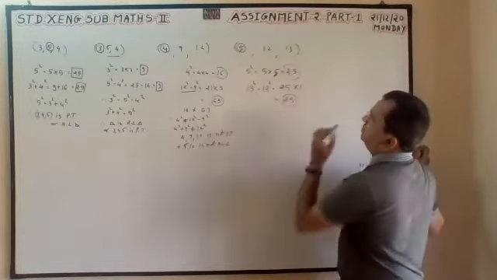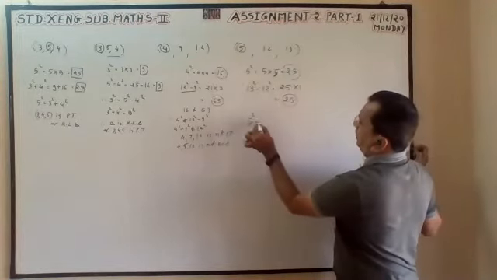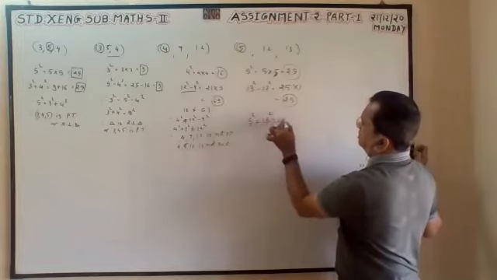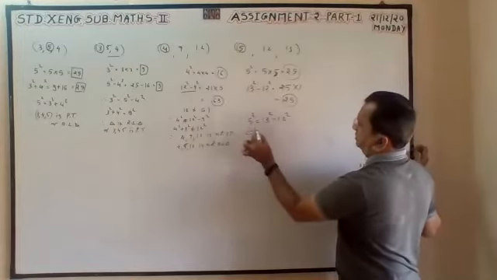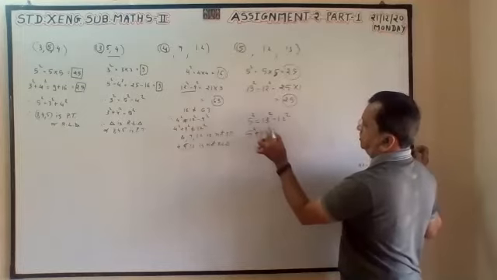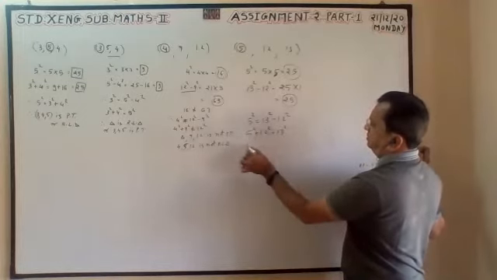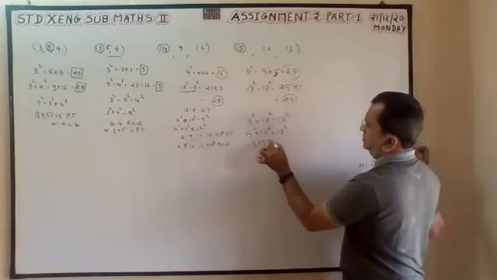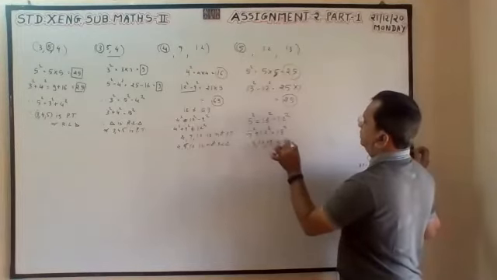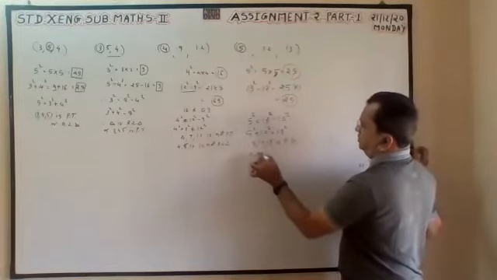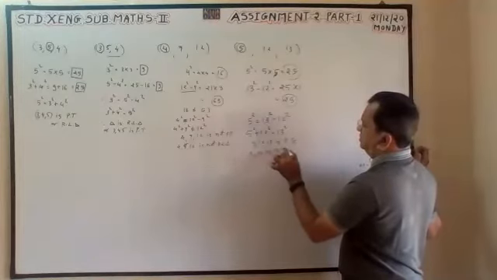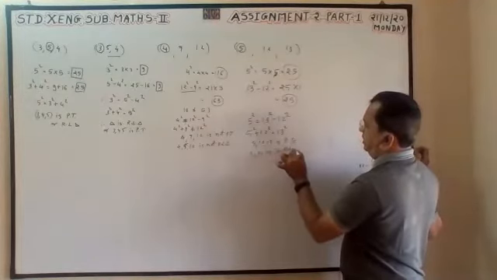Both are equal. So I can say 5 square is equal to 13 square minus 12 square. So this goes to this side: 5 square plus 12 square is 13 square. Therefore 5, 12, 13 is a Pythagorean triplet. 5, 12, 13 is a right angle triangle.